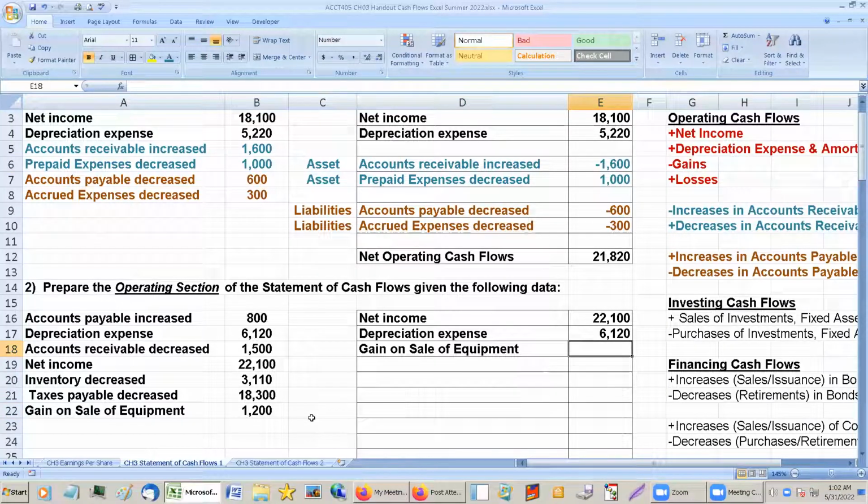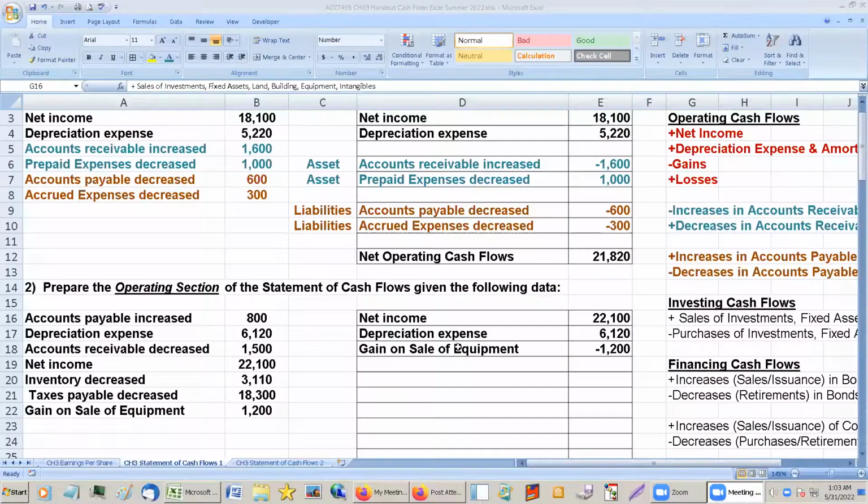I'll tell you why in a second. Gains get subtracted because we're actually going to have that in a different section.